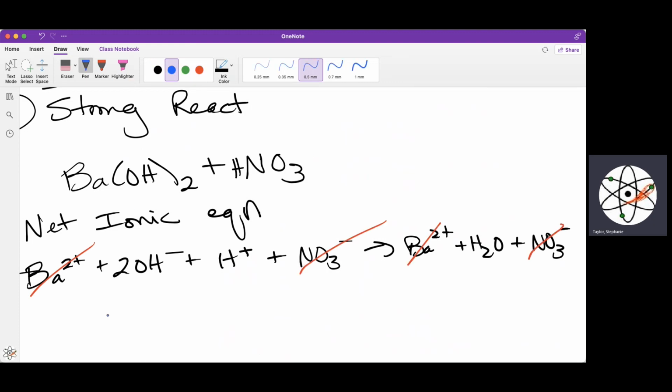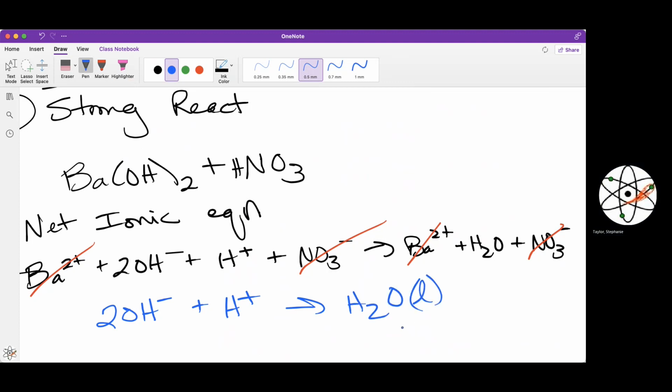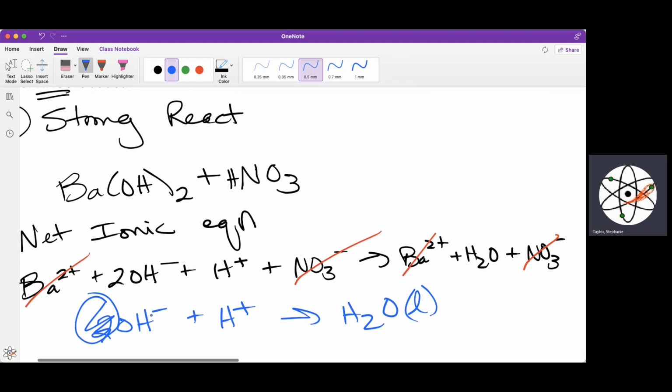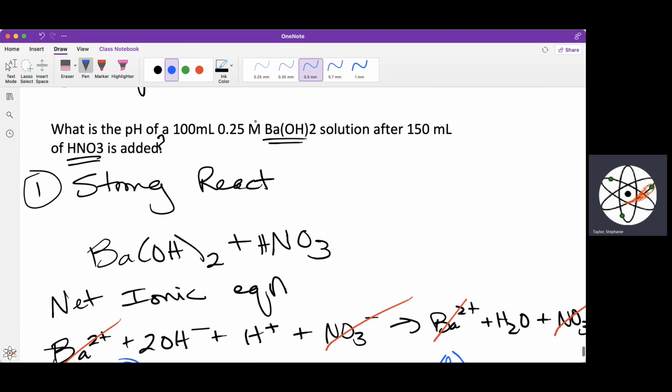So the only things I have left are my waters plus my protons. Oh, this doesn't balance. So I can fix this in a couple of different ways. What I am going to do is get rid of that so it balances. But that too is important. So even though for my net ionic I'm just going to make things balance and make it go away.